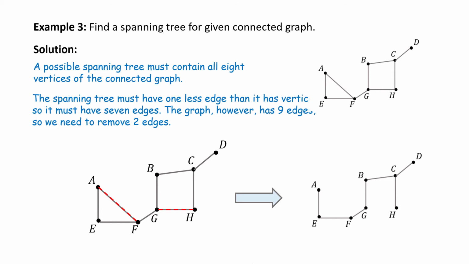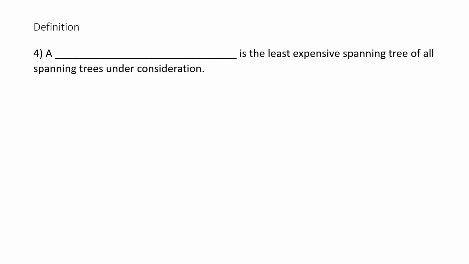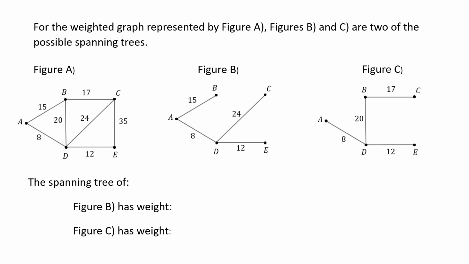Definition: a minimum cost spanning tree is the least expensive spanning tree of all spanning trees under consideration. For the weighted graph represented by figure A, figures B and C are 2 possible spanning trees.